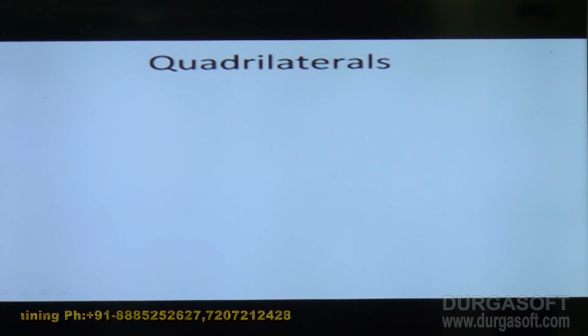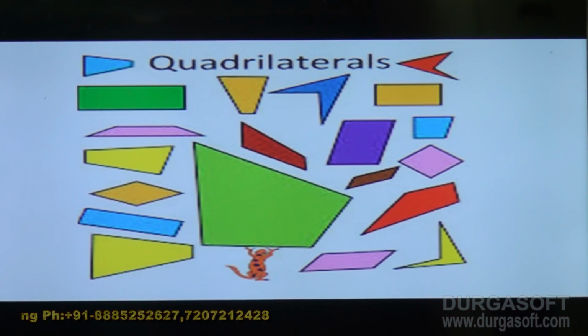And let's talk about the quadrilateral. It may be any kind of figure. Whatever the figures, we have different types of figures here. Among these different types of figures, any figure can be a quadrilateral. So it doesn't have only one particular shape.